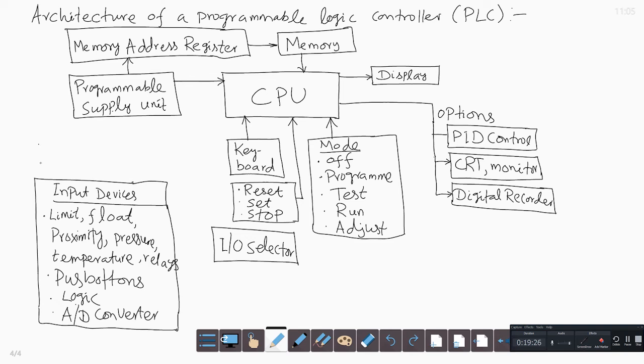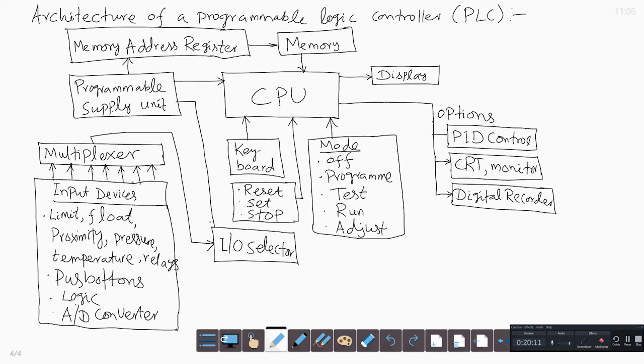Then there will be a multiplexer, which basically, through some switches, allows particular input devices to be accessed. Then from the multiplexer it goes to the input output selector and also the programmable supply unit.